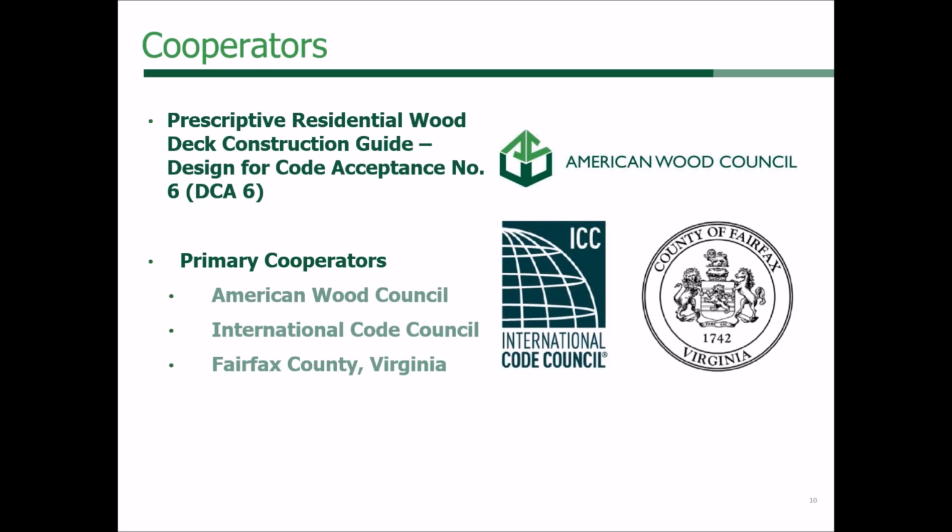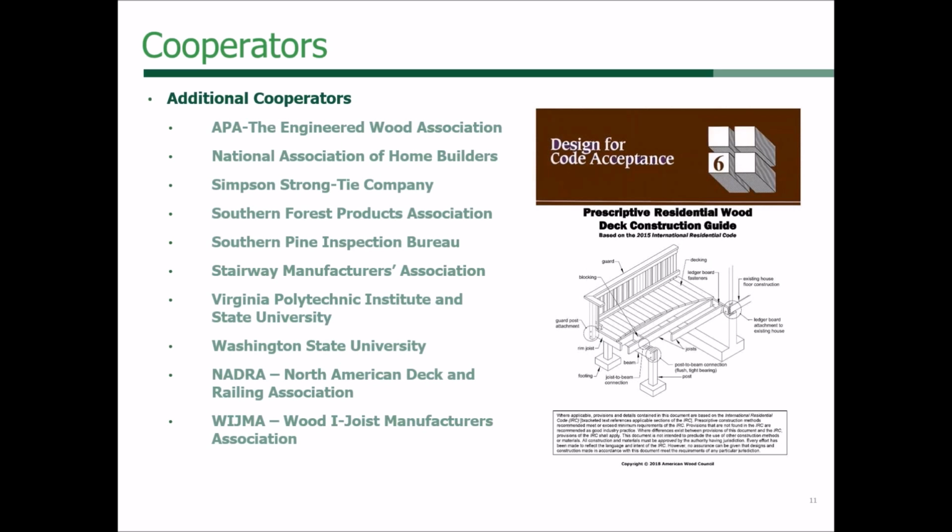We also reached out to ICC because we wanted them to be a cooperator in making this new document. We had other cooperators too: APA, National Association of Home Builders, of course, and NADRA, North American Deck and Railing Association, and a couple of universities that were doing some of the research about it.